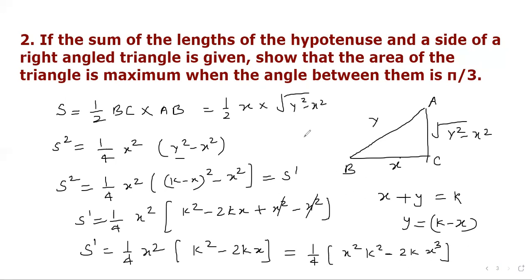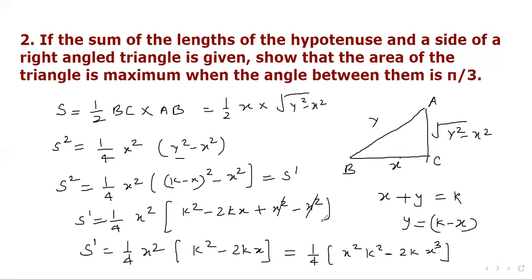Now we differentiate it. So we have expression S dash equal to, if we open the bracket here, x square k square divided by 4 minus kx cube divided by 2.